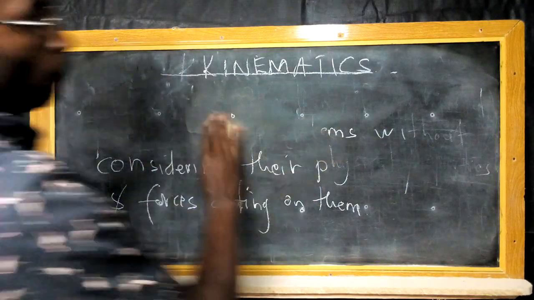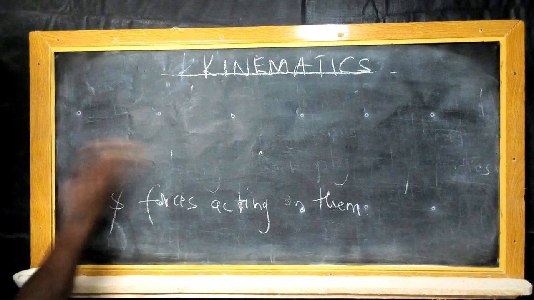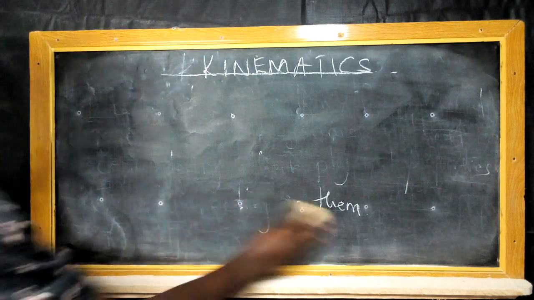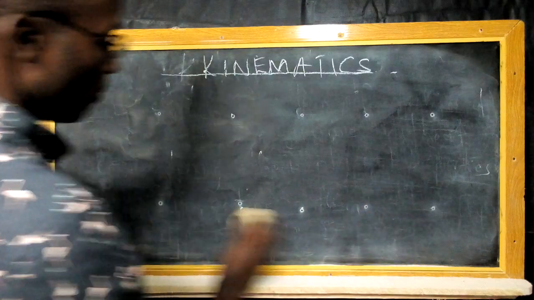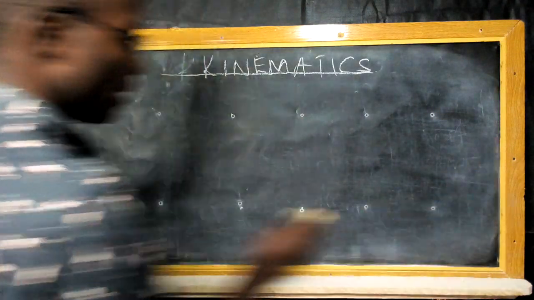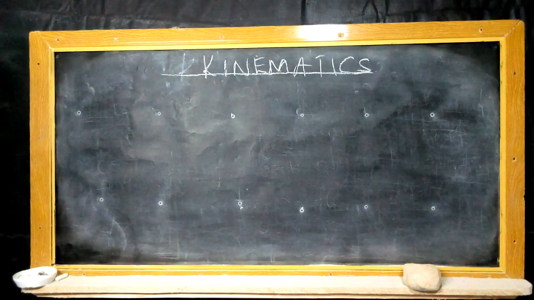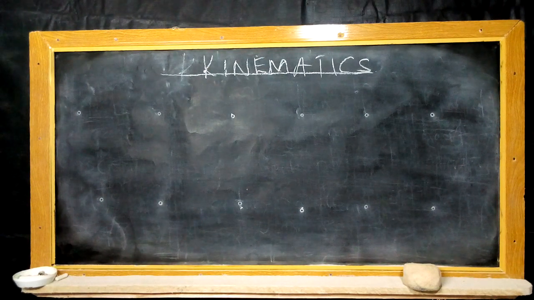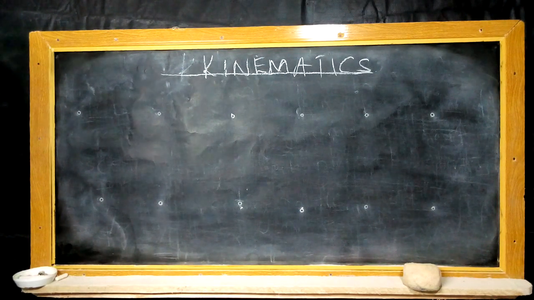Now, the terms that we're going to talk about describe different aspects of kinematics, which include some expressions and equations which we are going to mention later in this discussion. So we'll just define the terms. The first one is position.